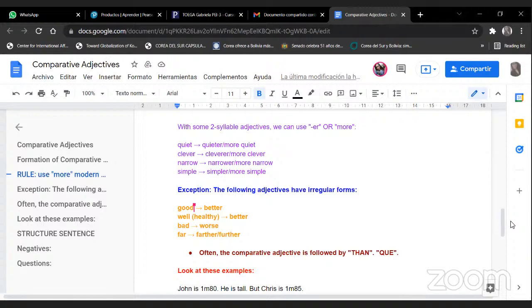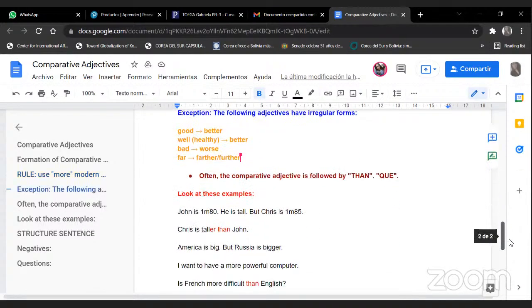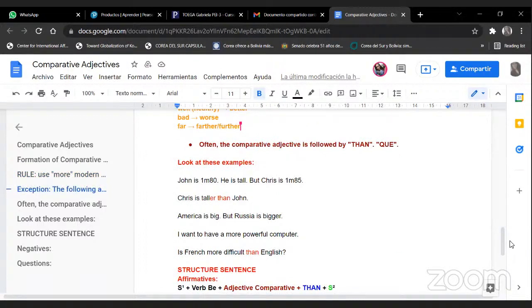Good, better. Well, better. Bad, worse. And far, farther with TH, or further with U. Okay? Great. So with this, we can make comparisons.